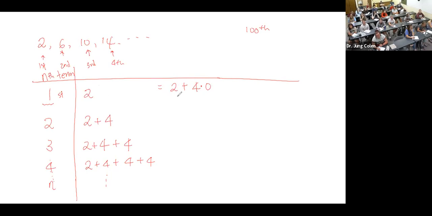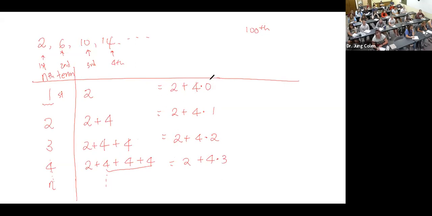How about this one? 2 plus 4 is 4 times 1. And the third term is 2 plus 4 times what? How many 4s are there? 2. So it's 4 times 2. Do you see the pattern now? How about this one? 4 times 3.